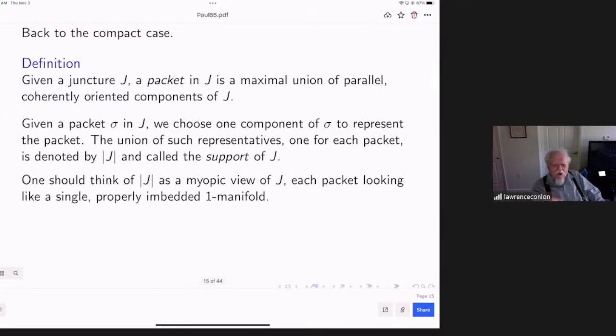These single representatives of each packet in the juncture will be called the support of the juncture and denoted by the absolute value sign. So one could think of the support of J as a kind of myopic view of J. You back off to where each packet looks like a single properly embedded one-manifold.